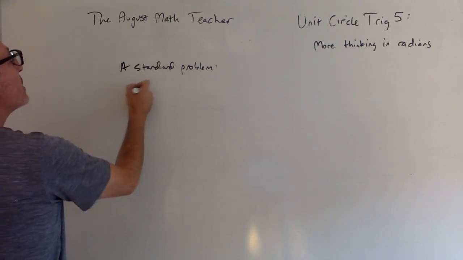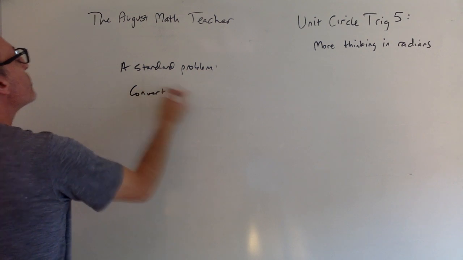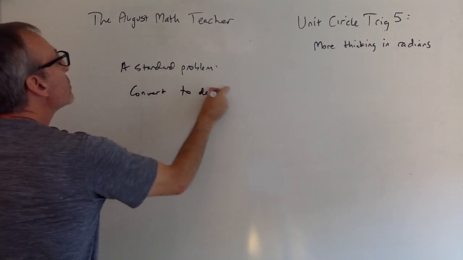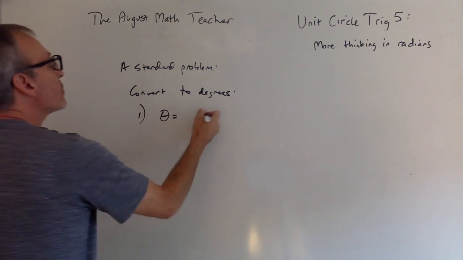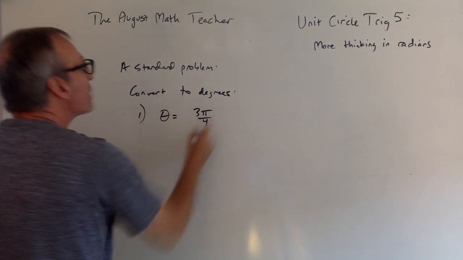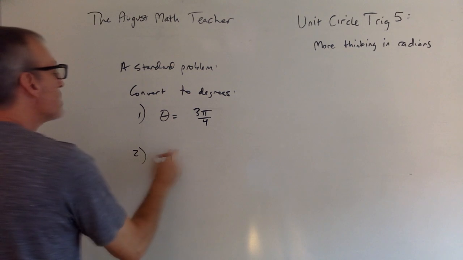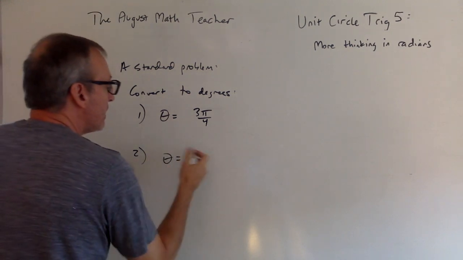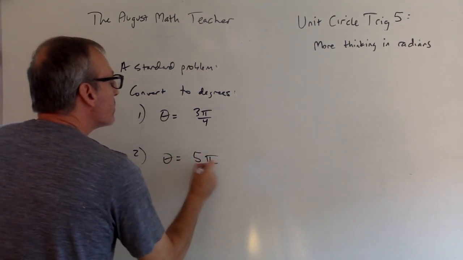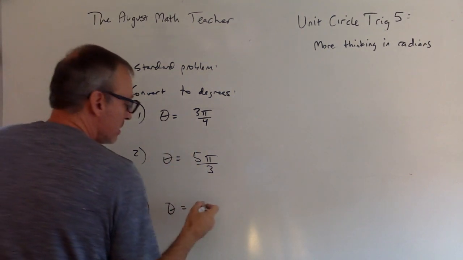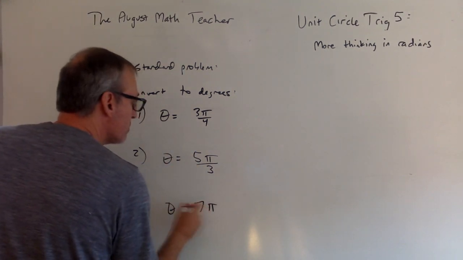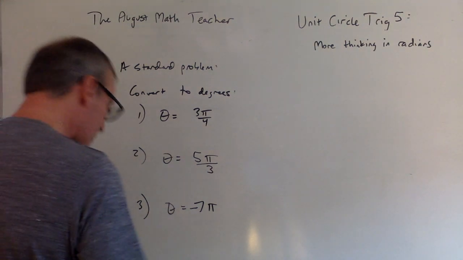So the standard problem is convert to degrees each of the following. Theta equals 3 pi over 4 radians. And 2 theta is equal to 5 pi over 3 radians. And 3 theta is equal to negative 7 pi radians.